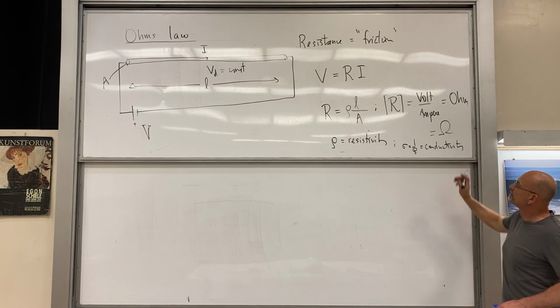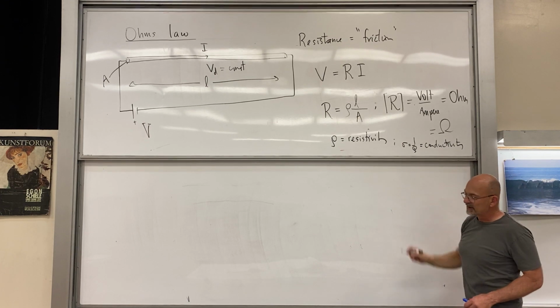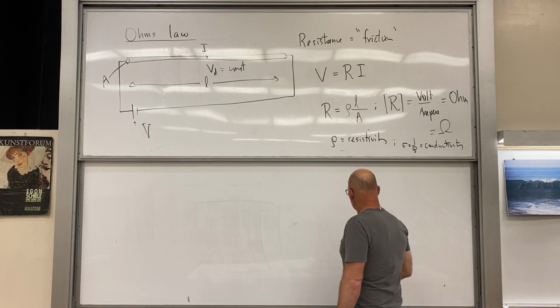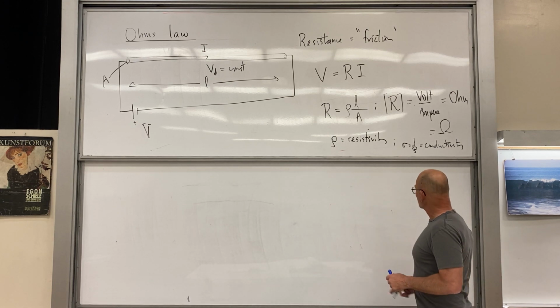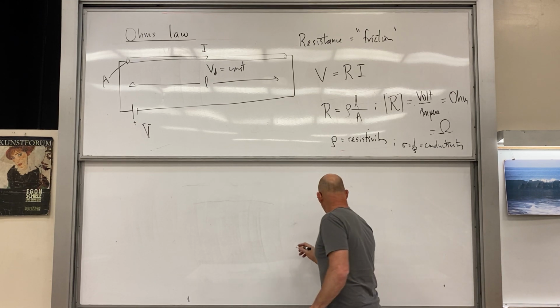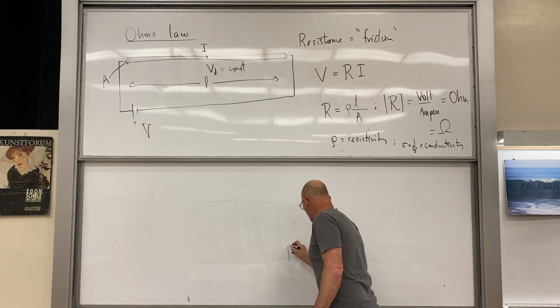Okay. But yeah, let's get a circuit element here. And what I'll do is I'll draw a little picture, and then I'll do the circuit element right next to it. So we could, for example, have a car battery.